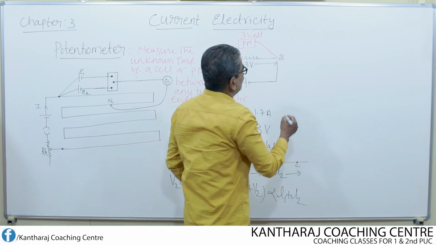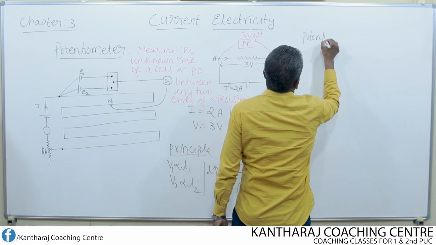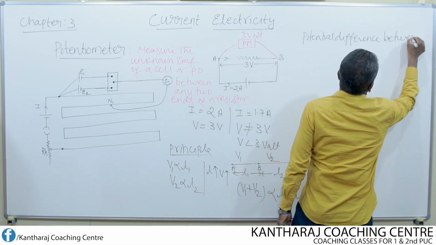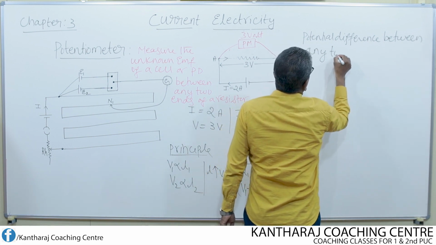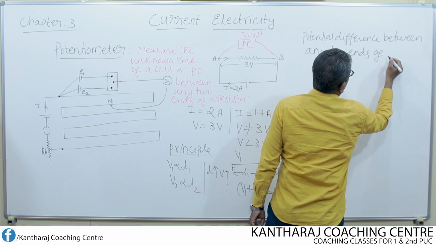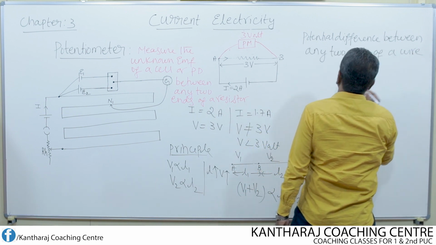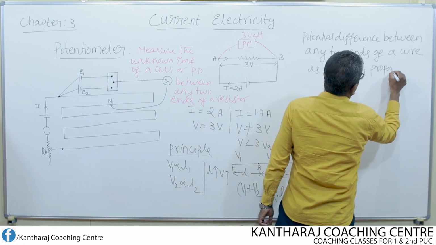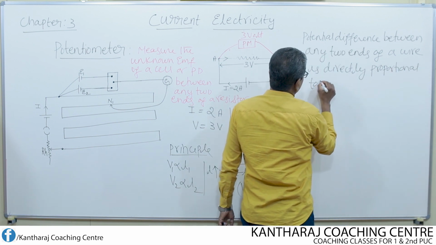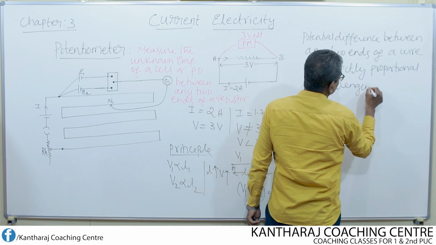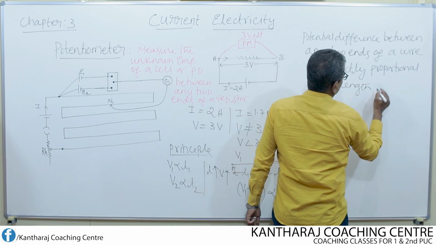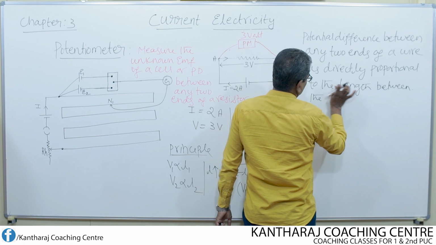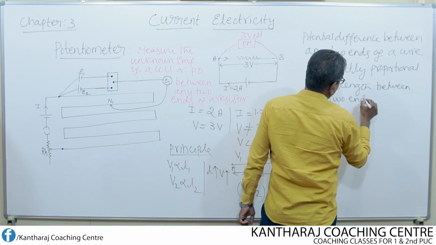In general, I can write like this. Potential difference between any two ends of a wire or a resistor is directly proportional to the length between the two ends of the wire.